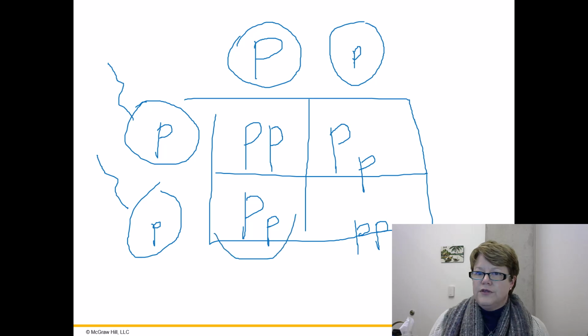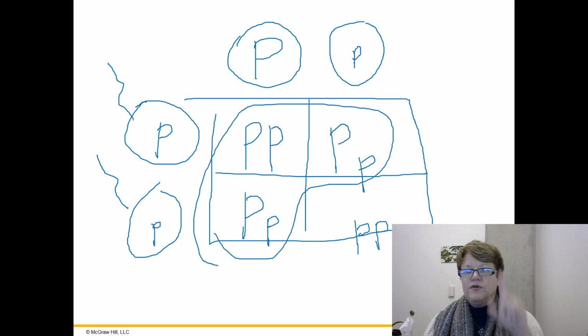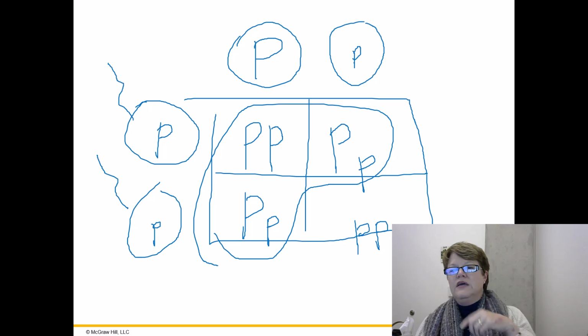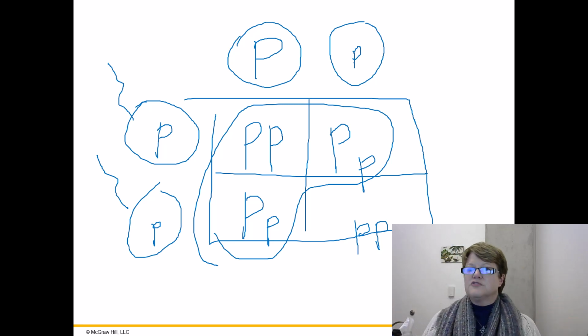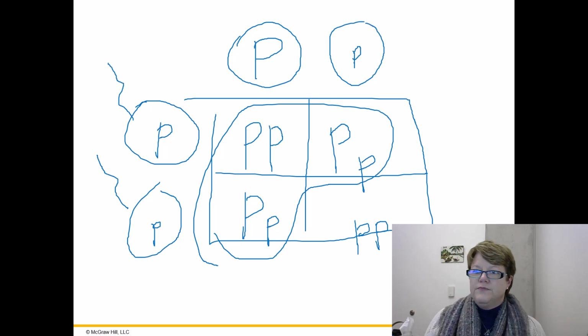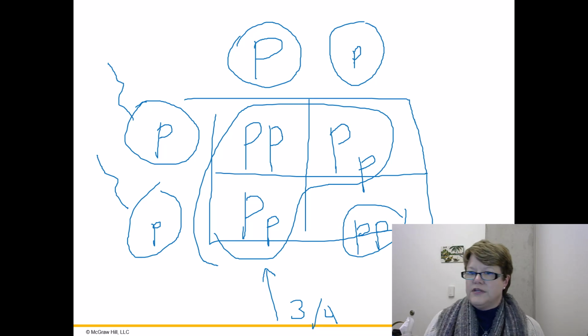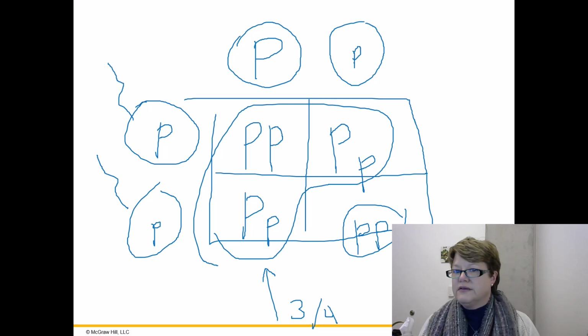For every 3 offspring that are purple, because remember, if you have just one big P allele, that's going to dominate and make the flowers purple. For every 3 plants that have purple flowers, 3/4 of the plants will be purple flowers, 1/4, 1 out of 4. I'm counting how many squares there are here. There are 4 squares. 1 out of 4 will be white. Little p, little p is the only combination that gives you a white flower plant.